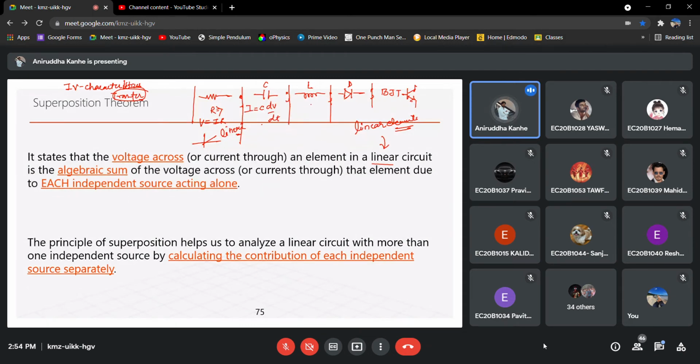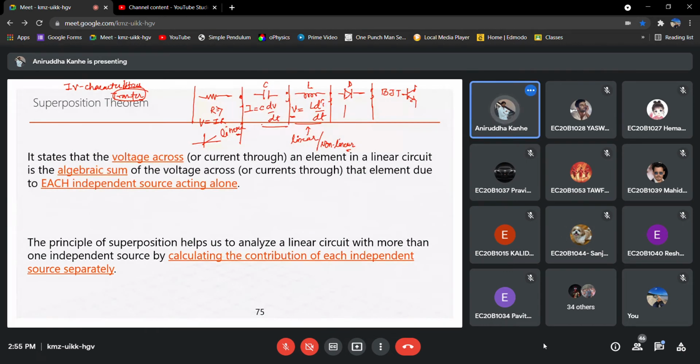And here we will be getting V = L di/dt for the inductor. What about the diode? What is the diode equation? Can anyone comment whether V = L di/dt corresponds to linear or not? Yes, sir, it's linear. Okay, this is also linear, that's also linear.